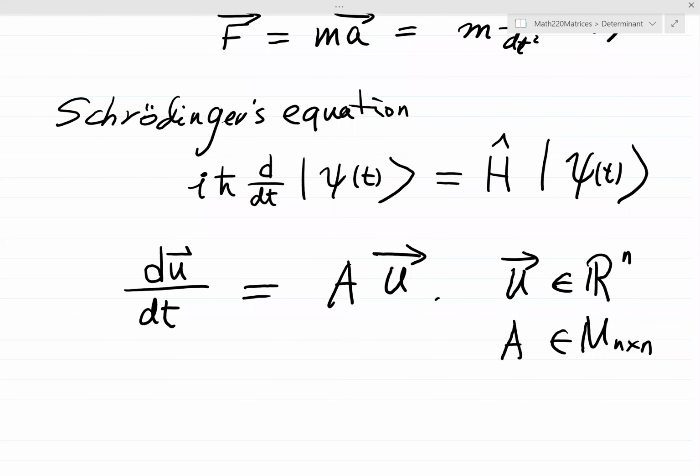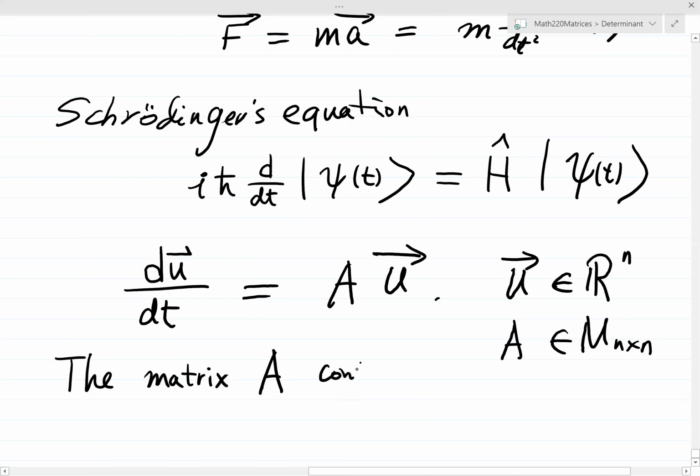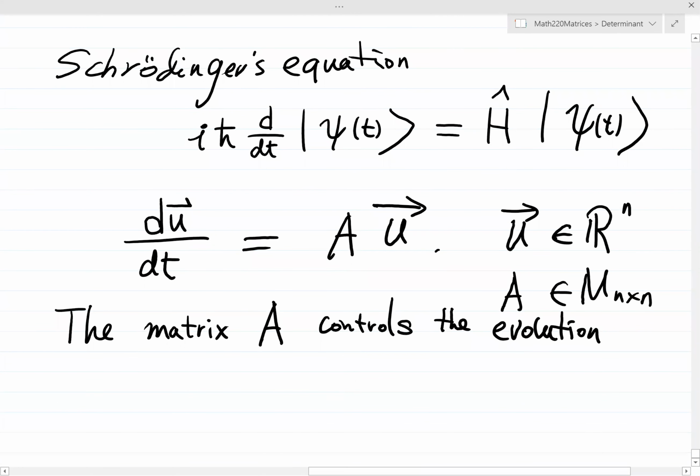So the matrix A tells us how the vector u changes with respect to time. The matrix A can choose the evolution, which is the word evolution, how certain things change with respect to time. The matrix A can choose the evolution of the vector u.